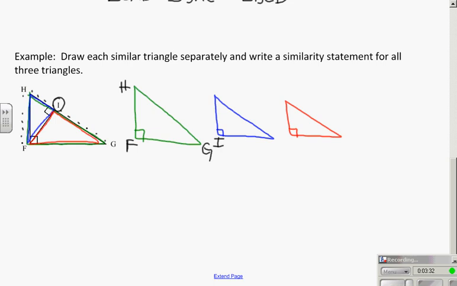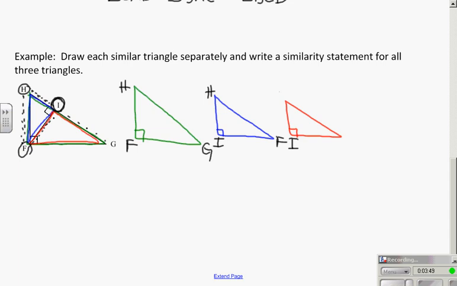When I look at the blue triangle, I is my right angle, down my short side to H, and down my hypotenuse this way to F. For my red triangle, I is still my right angle.